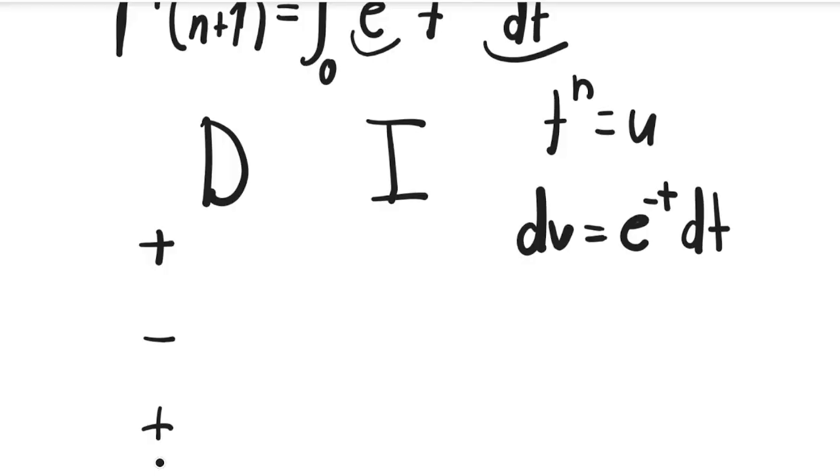So this is t to the n, and we are going to take the derivative of this with respect to t, so the derivative is going to be n times t to the n minus 1.